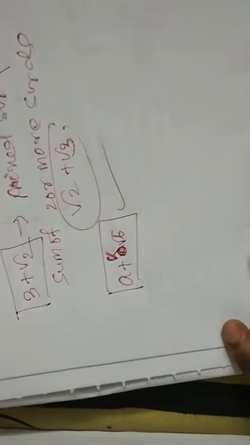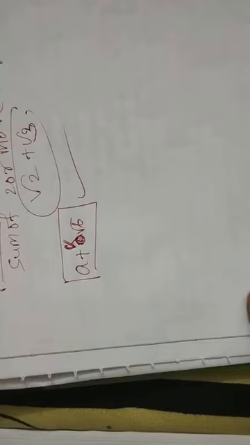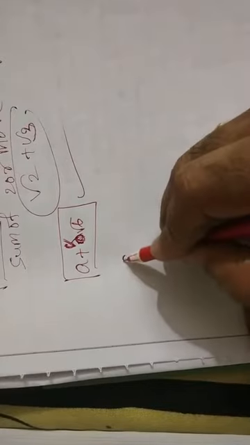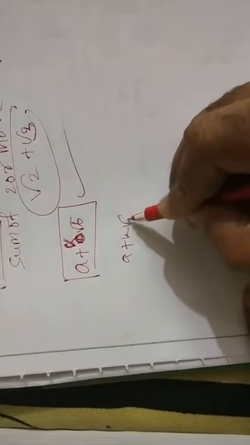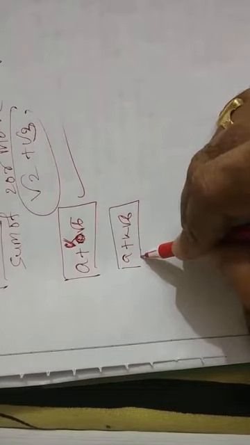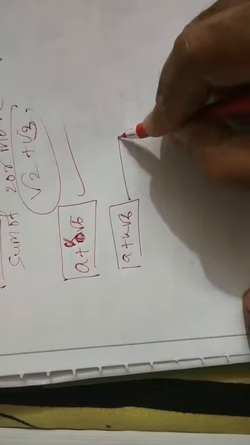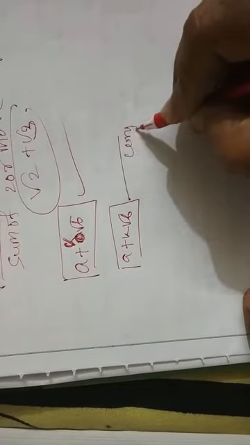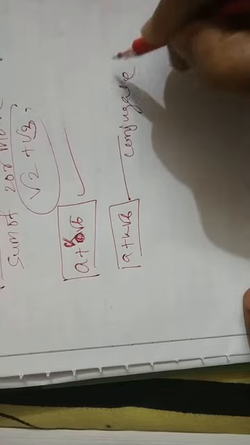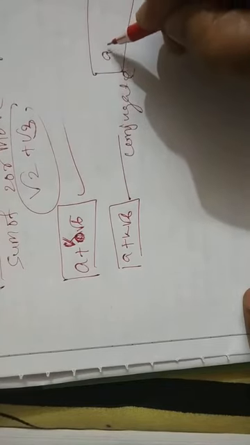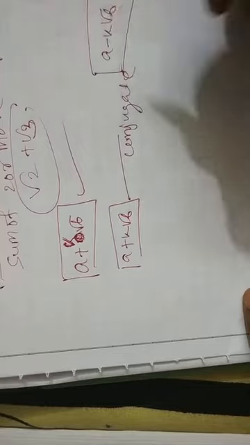This is the standard form of what type of surd? Mixed surd. Okay? Now, if a plus k root b is any mixed surd, then its conjugate is a minus k root b.